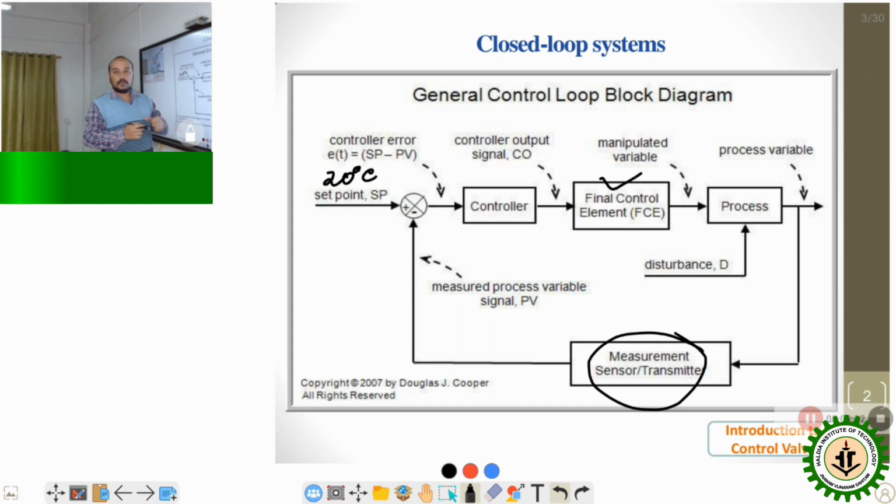For the case of an AC, the compressor will be the final control element. The compressor will start, and accordingly we get chilled air into the room, and after some time we are able to reach the set point. So this final control element will be the topic of discussion today.